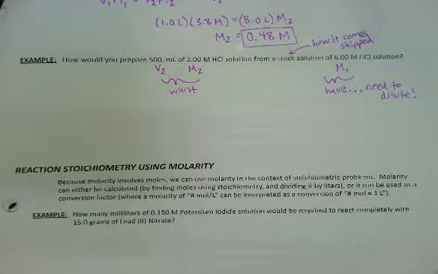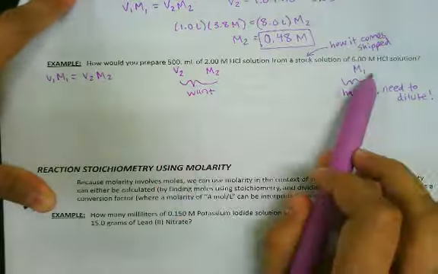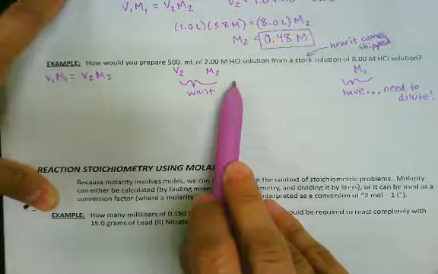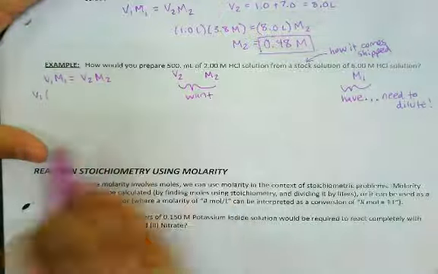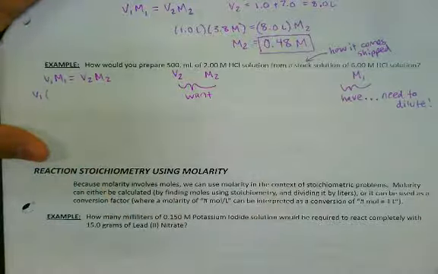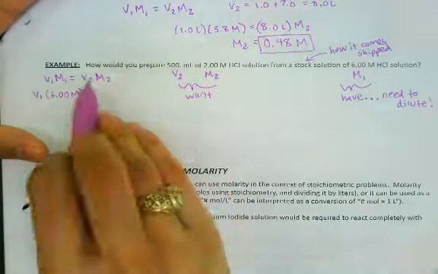And how you do that seems a little bit strange. We are going to use this V1M1 equals V2M2 equation. And I'm going to plug in these values as M1, V2, and M2. So V1, I don't know how much I should start with, but I do know that it is 6 molar.